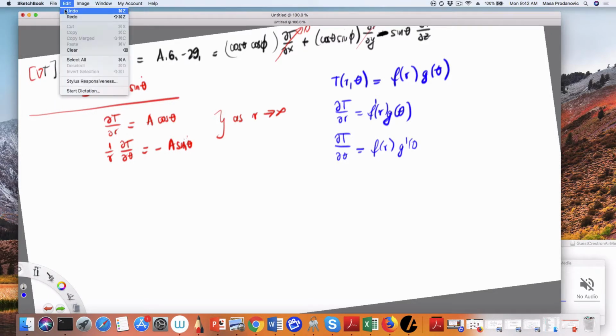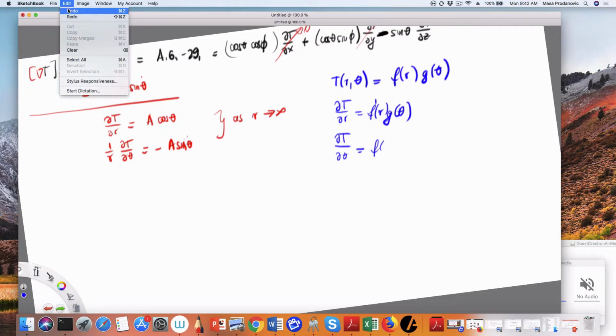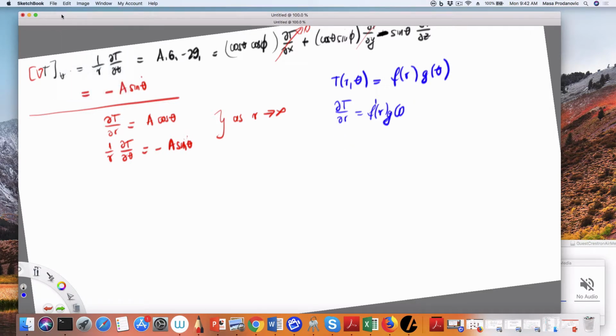Let me see if I can undo the tilt. Oh, come on. I should have done that already. No? Oh, never mind. dt d theta is f of r g prime of theta.